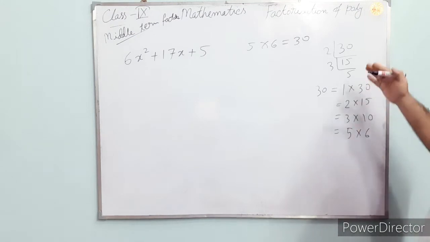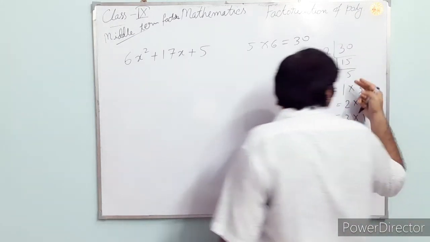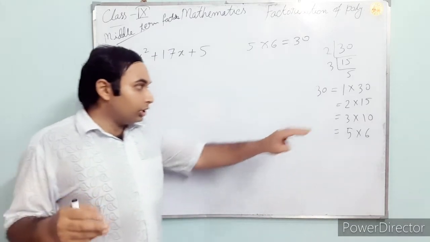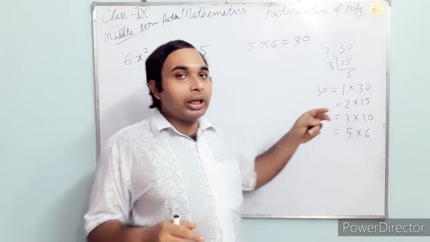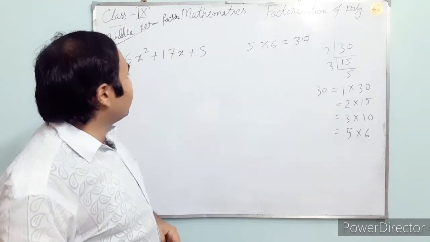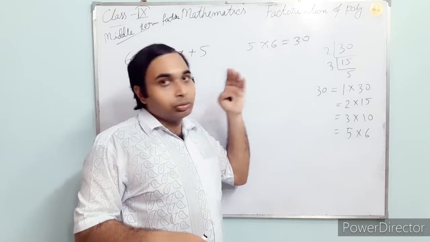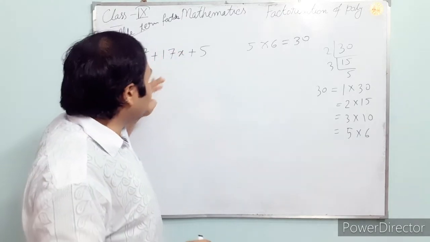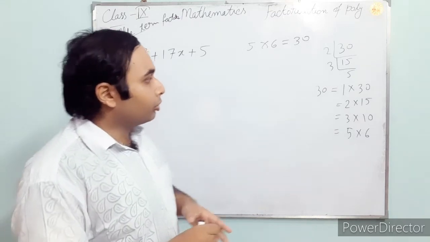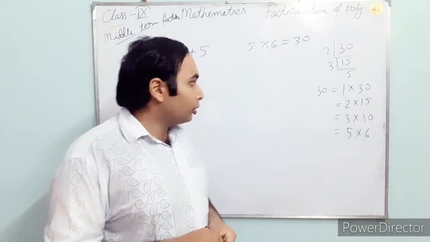Those are the pairs. So now see, only for 30 we are getting 4 pairs. Up to this you have to do. Whenever we are saying middle term factor, our experience says what we have to do, but you cannot do it now. Whenever you practice, you can do that one.